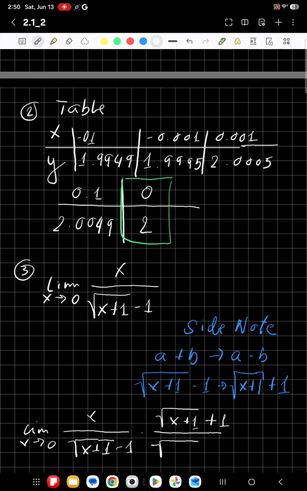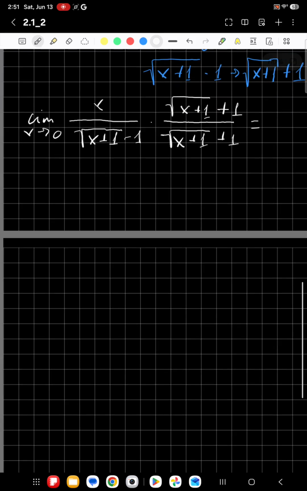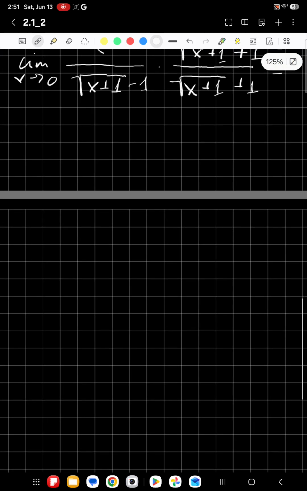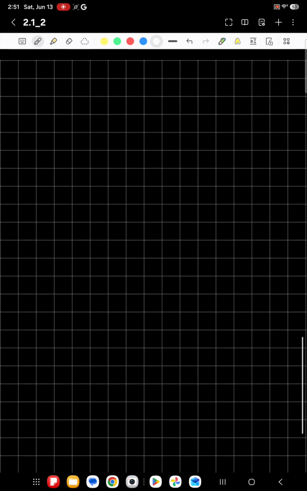So what I'm doing is multiplying my original expression, of which I'm finding the limit, by 1. So technically I'm not changing anything. So the square root of x plus 1 plus 1. Okay, so what does it equal to? Anyway, we get something like this.